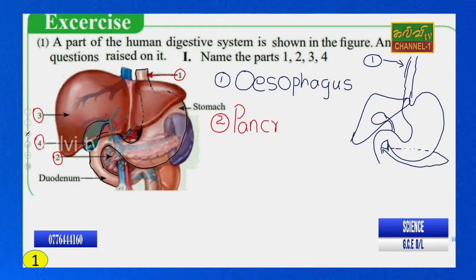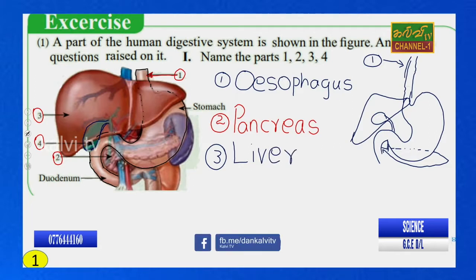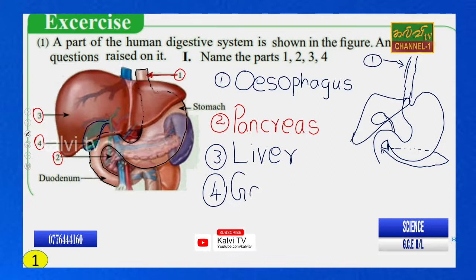Number 3 is actually a big gland in our body, that is called liver. Number 4, it is indicated in green color, that is gallbladder.